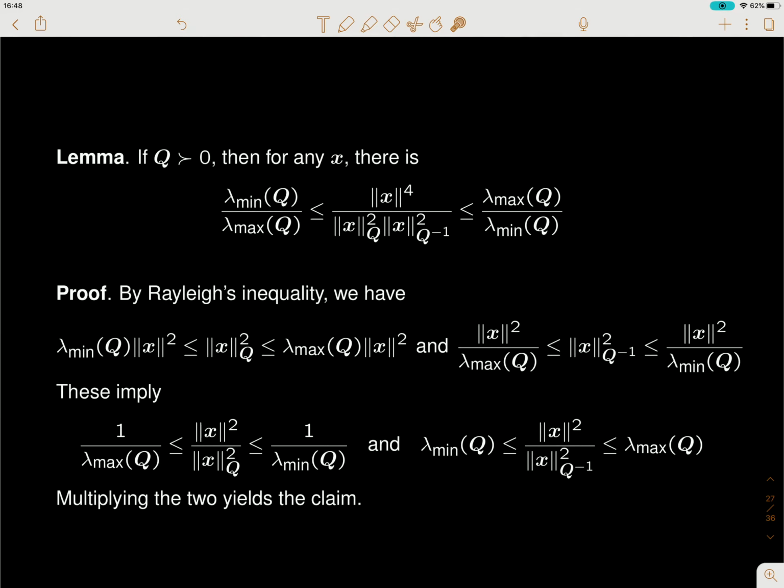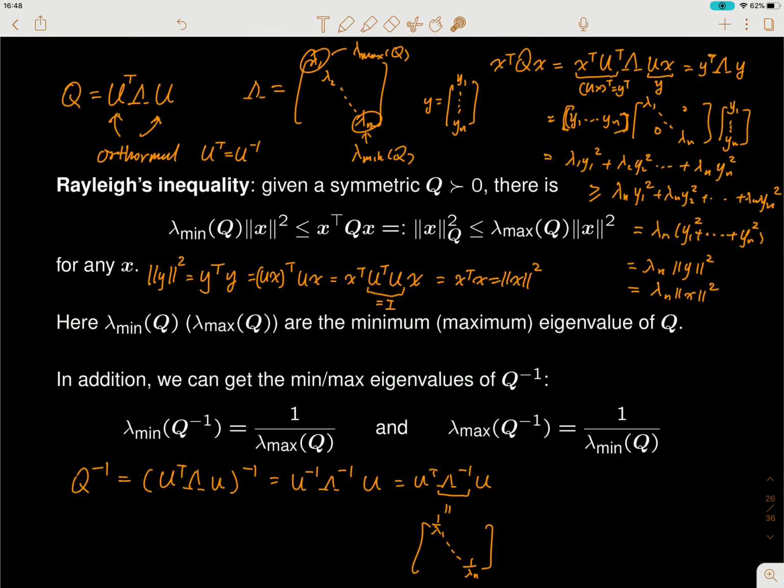On the other hand, if I replace Q by Q inverse, then the squared Q inverse norm of x will be bounded between the squared norm of x times the smallest eigenvalue of Q inverse and the largest. As we showed earlier, the minimum eigenvalue of Q inverse is equal to this.